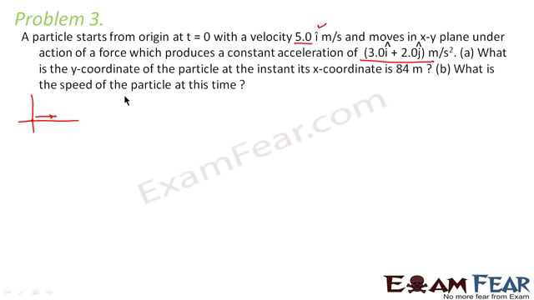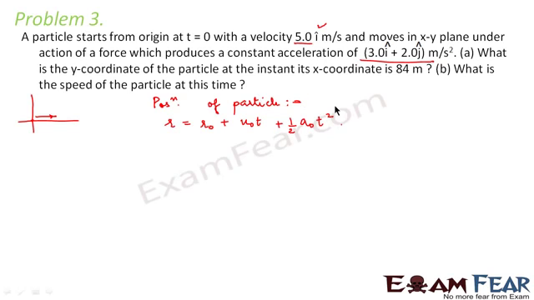The first part of the question asks, what is the y coordinate of the particle at the instant its x coordinate is 84 meters. That means you have to find the coordinate of the particle along the y-axis when its x coordinate is 84 meters. We have already studied that the position of a particle is given by r is equal to r naught plus u naught t plus half a naught t square.